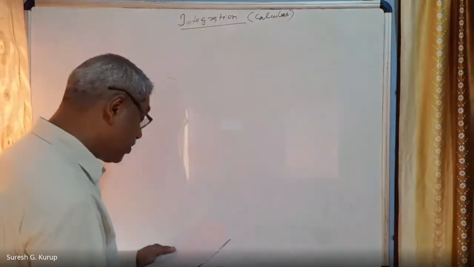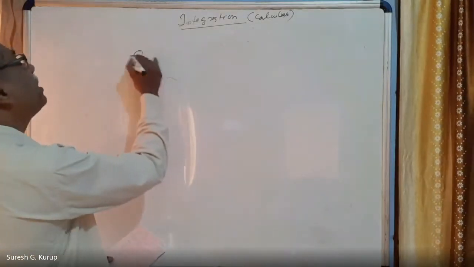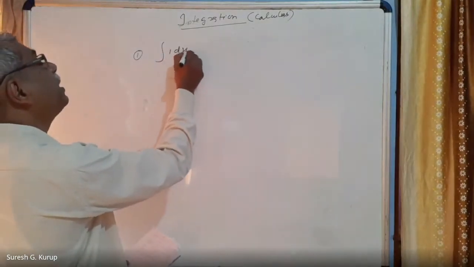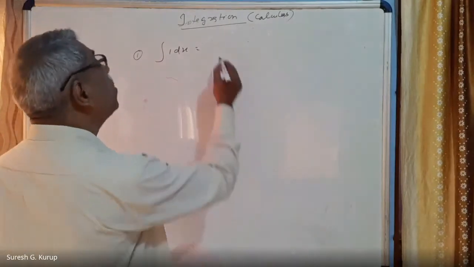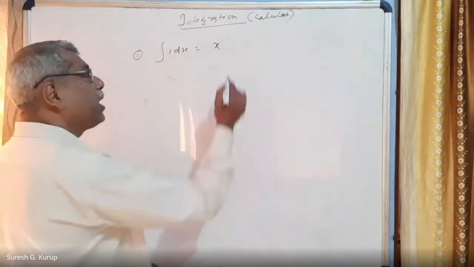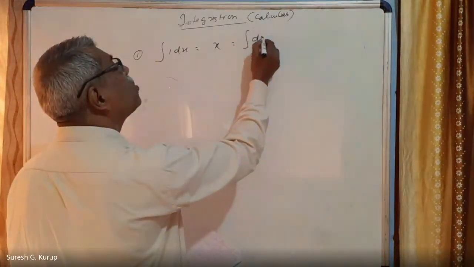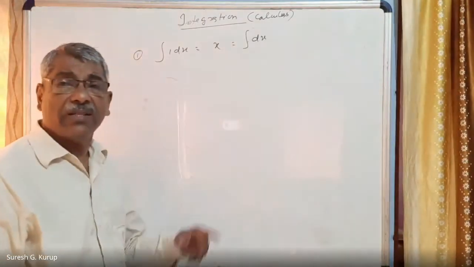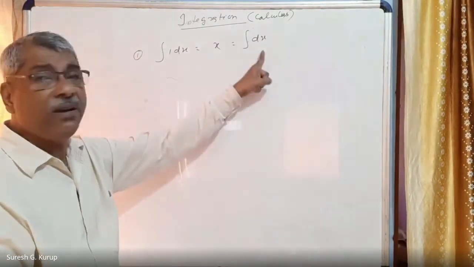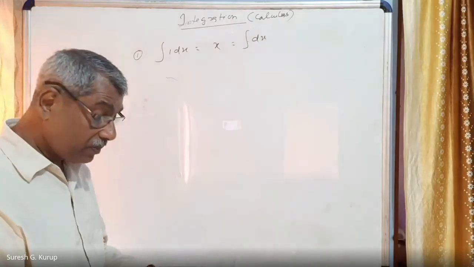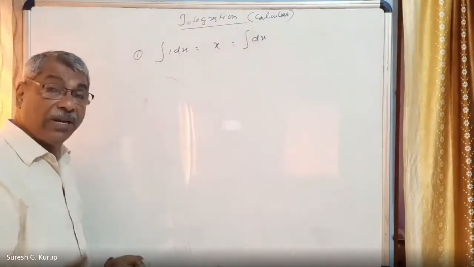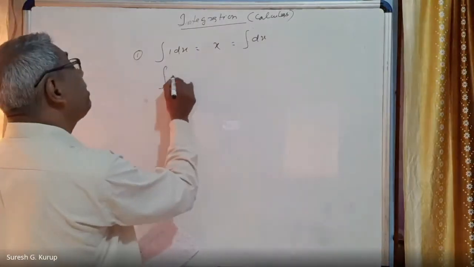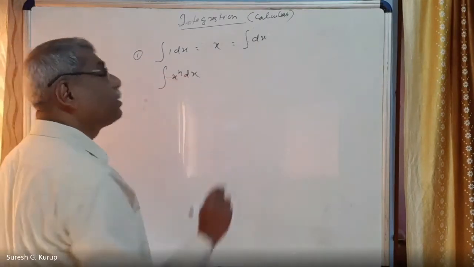Important formulae of integration. The first one I am writing is integral 1 dx is equal to x only. Integral 1 dx can be written simply as integral dx, which is equal to x. Second, integral x raised to n dx.